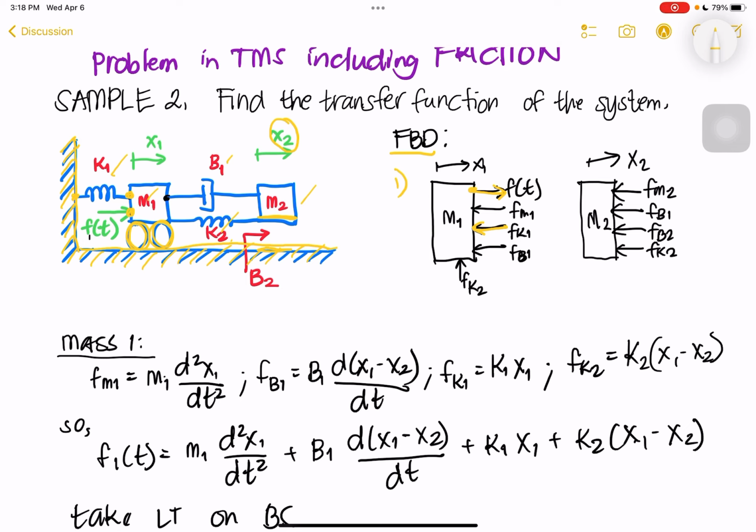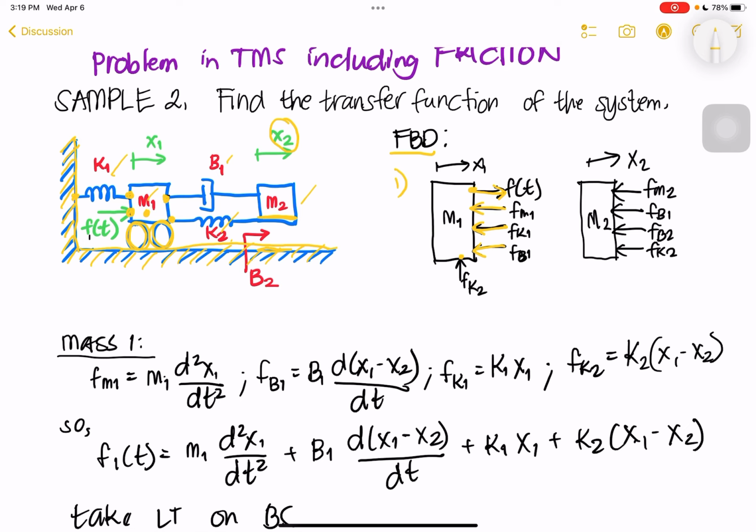And then we also have FB1. And lastly, don't forget the opposing force due to the mass itself. For that, remember that there's no indication, there's no connection because the force is in the mass itself. So FM1. And then lastly, we have FK2.